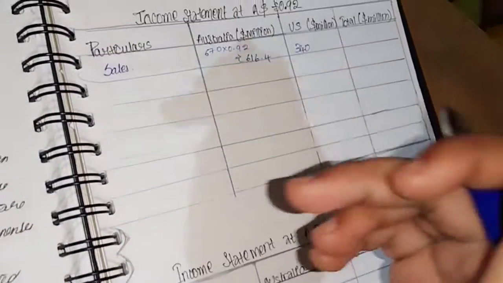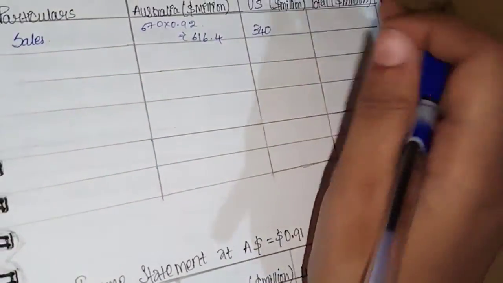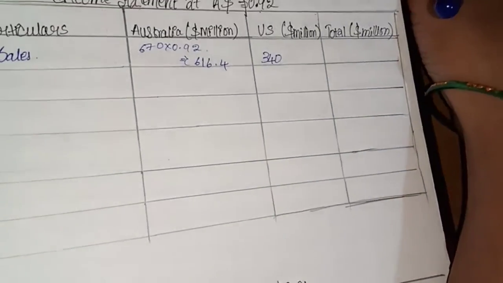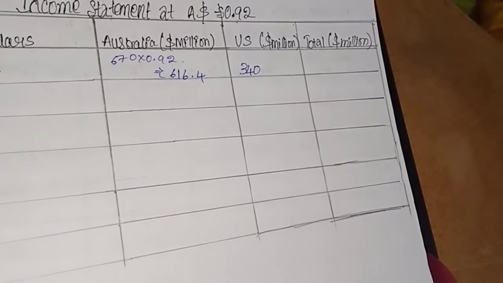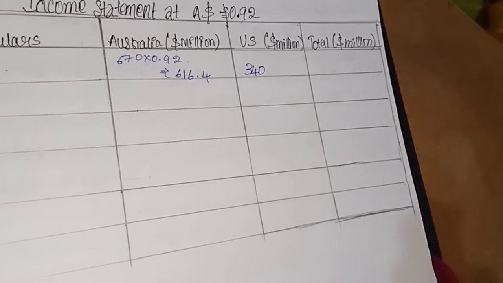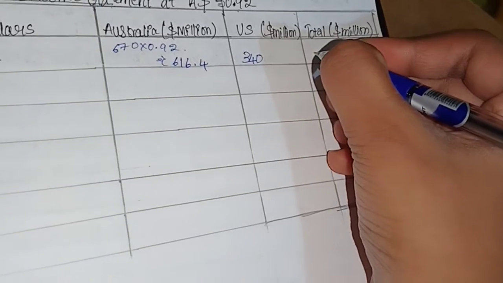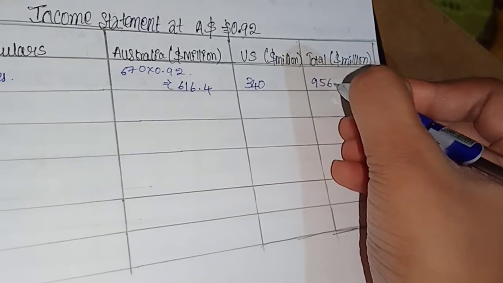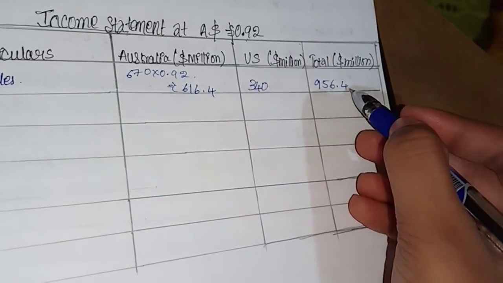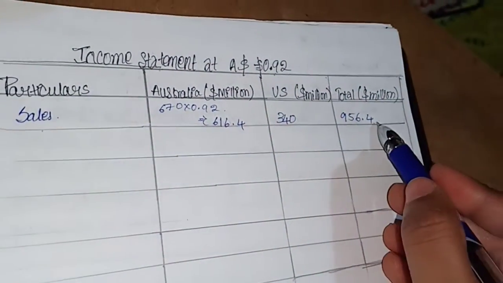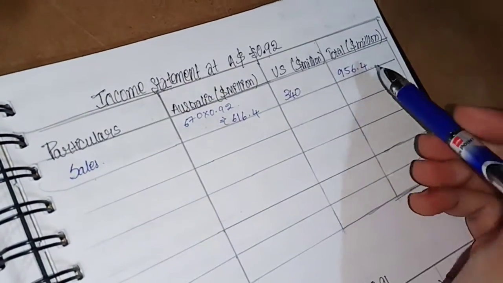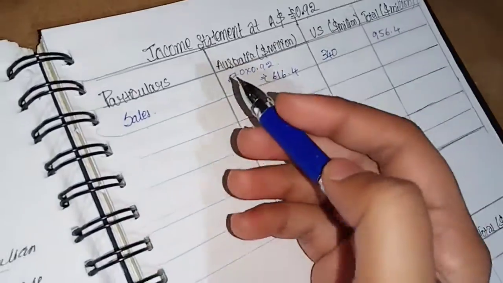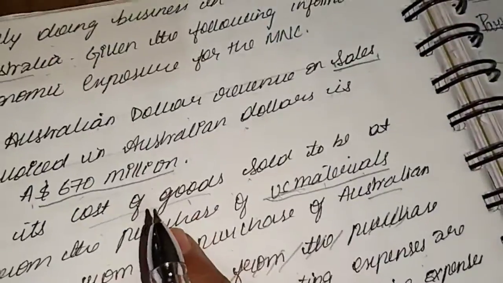Total sales: 616.4 plus 340 equals 956.4. Remember, 12% on total sales is the variable operating expense.